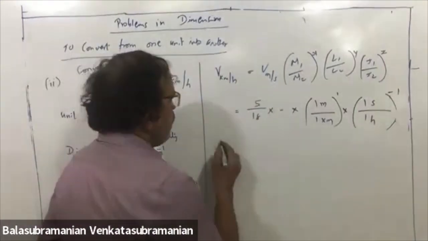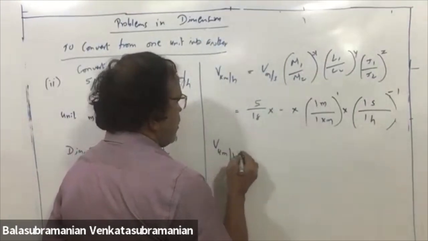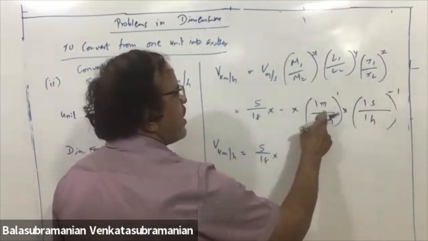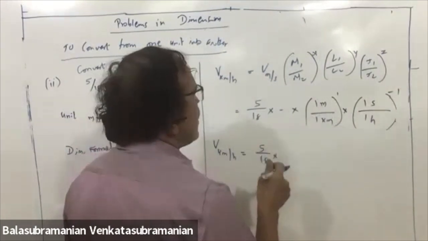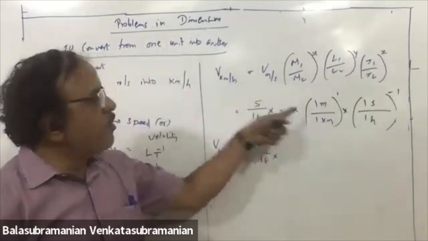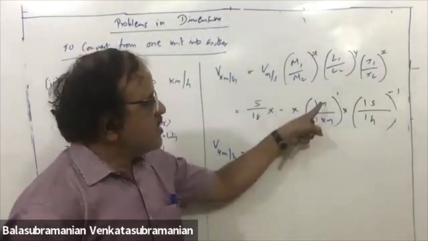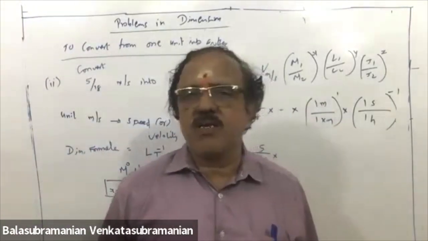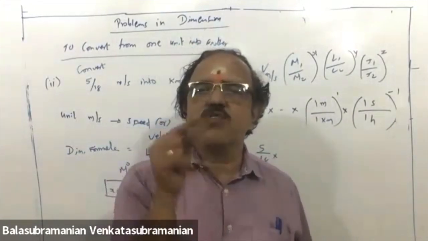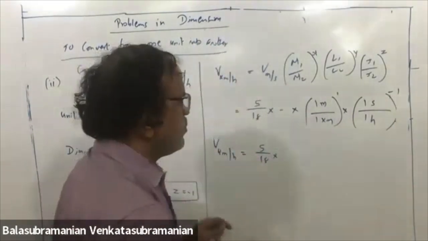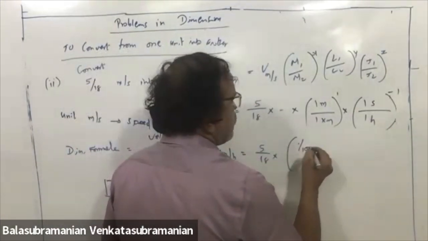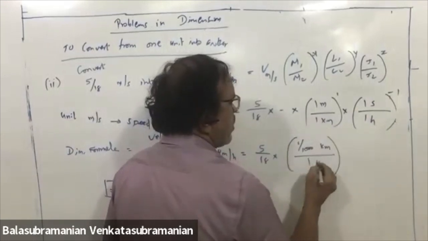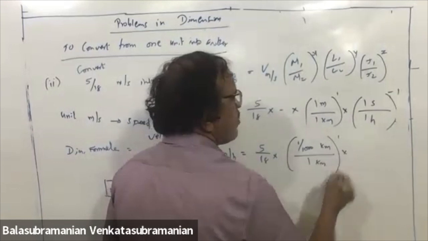So I can write V in kilometer per hour is equal to 5 by 18, 1 meter by 1 kilometer. You have to convert in terms of kilometer per hour, so change this meter into kilometer. 1000 meter is 1 kilometer, so 1 meter is 1 by 1000 of a kilometer, divided by 1 kilometer, to the power 1.